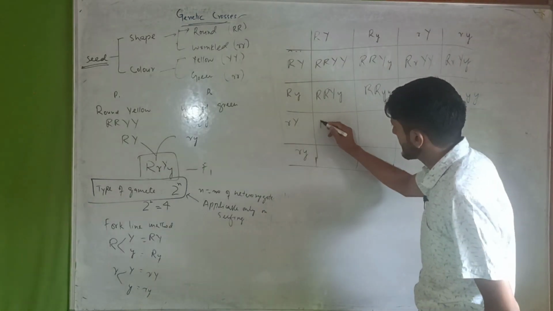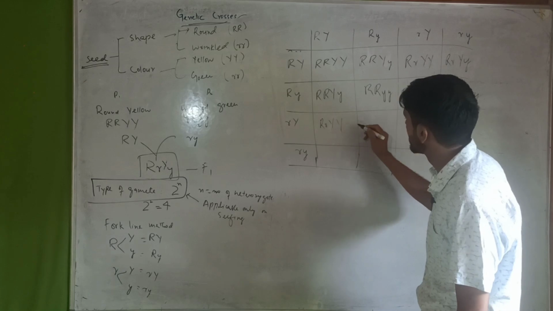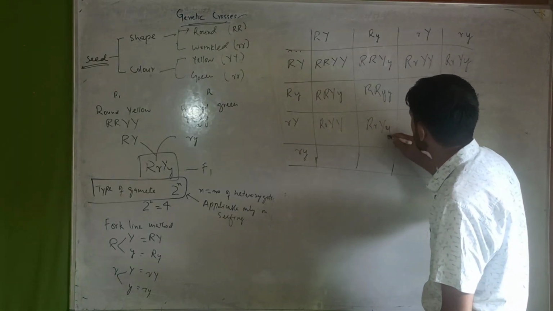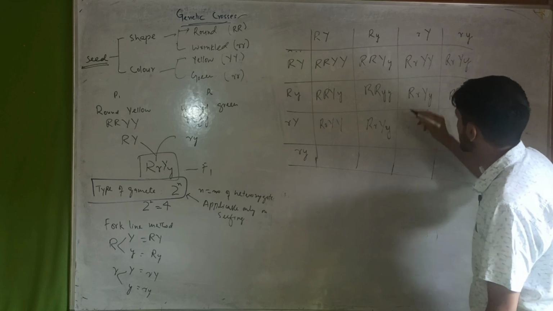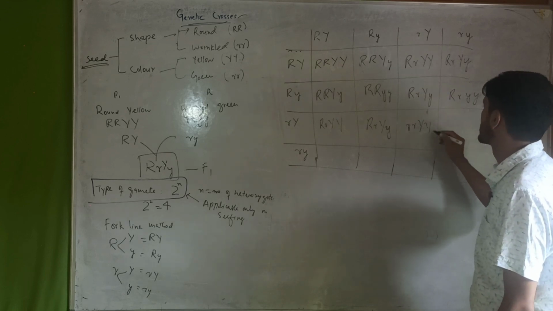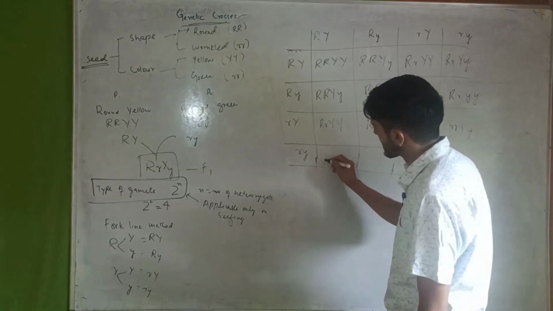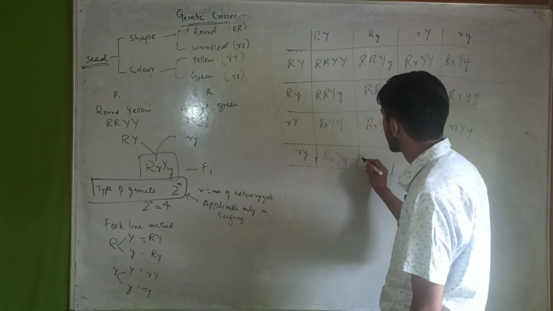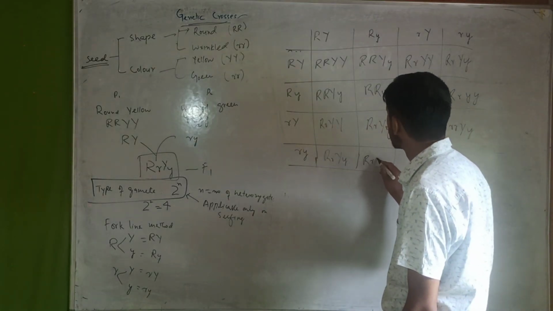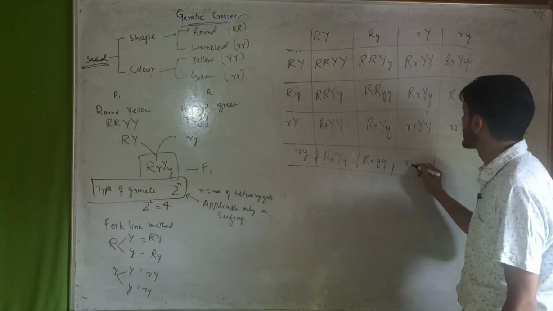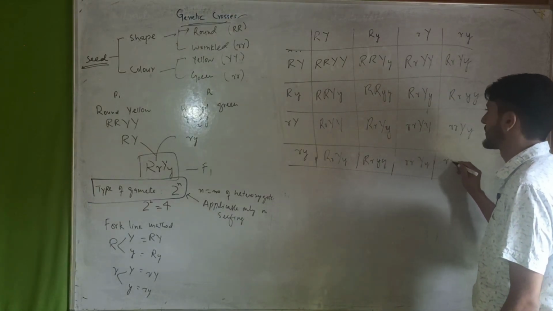Now capital R, small r, capital Y, capital Y; capital R, small r, capital Y, small y; small r, small r, capital Y, capital Y; small r, small r, capital Y, small y; capital R, small r, capital Y, small y; capital R, small r, small y, small y; small r, small r, capital Y, small y; small r, small r, small y, small y.